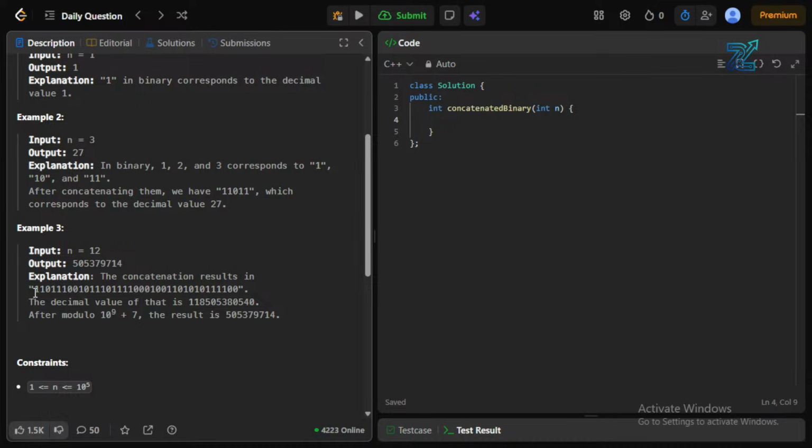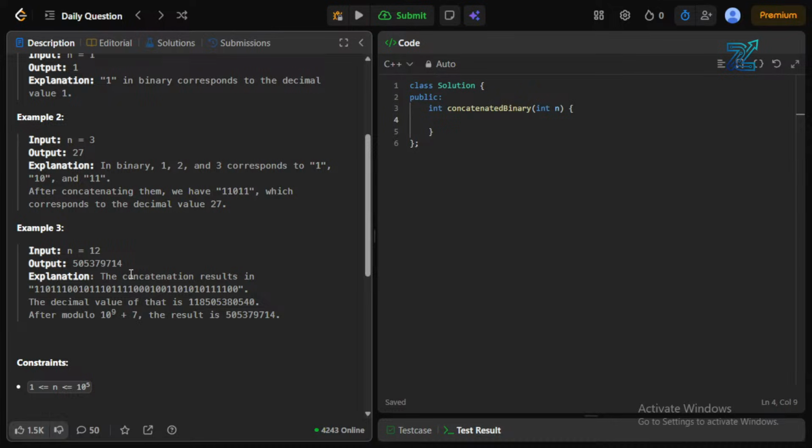So see here, this 1 is for 1 and this 10 is for 2, then this 11 is for 3 and this 100 is for 4 and 101 is for 5, then 110 is for 6 and 111 is for 7 and 1000 is for 8, 1001 is for 9 and 1010 is for 10 and then this is for 11 and finally this is for 12.